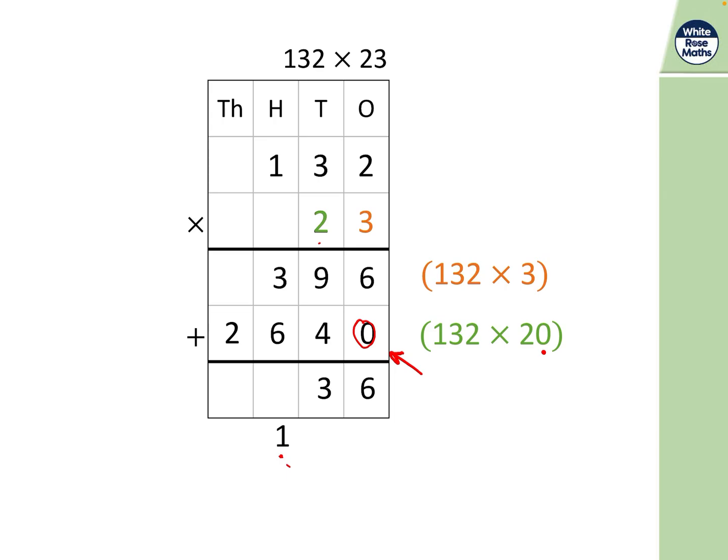Remember, we take our 13 lots of 10, we take 10 of those and swap them into 100. 6 add 3, add our 1 is, of course, 10. We put the 0 in, carry the 1. 2 add 1 equals 3. That's our 3,000. Hopefully, once we've got past this bit, then I'm really confident that our addition will be correct.